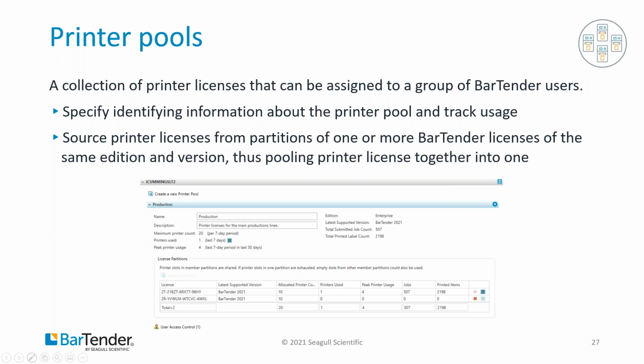And as before, we can specify user access control as to who has permission to access this printer pool for their licensing. So user access control is very much pervasive in the licensing server as to who has access to do what, whether it's from a management point of view or from a using-printer-license perspective.